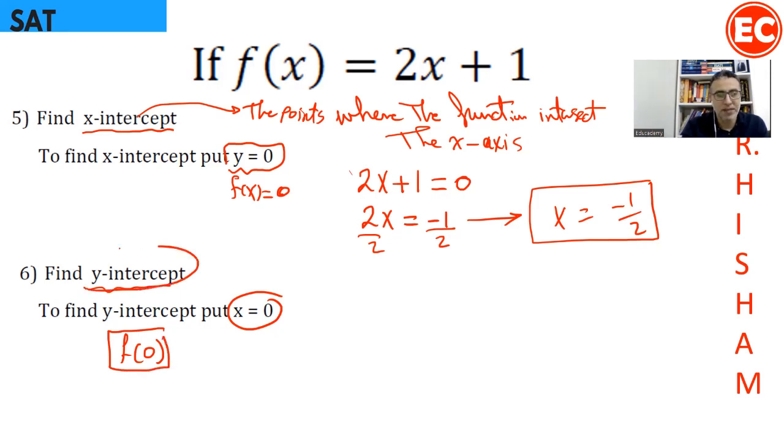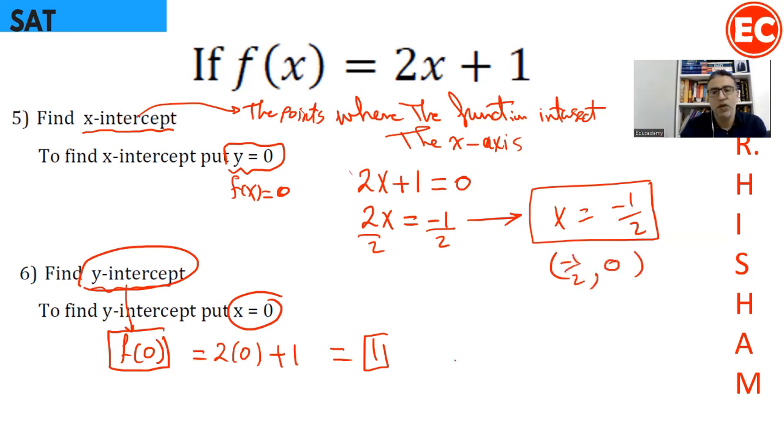So the y-intercept is the same as f of 0. And f of 0 is equal to 2 multiplied by 0 plus 1, which is equal to 1. If I want to write the x-intercept as an ordered pair, it's going to be negative half and 0. But if I want to write the y-intercept as an ordered pair, it's going to be 0 and 1. So there is a big difference between the x-intercept of a function and the y-intercept of the same function.